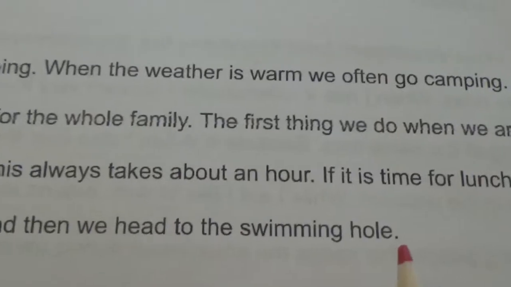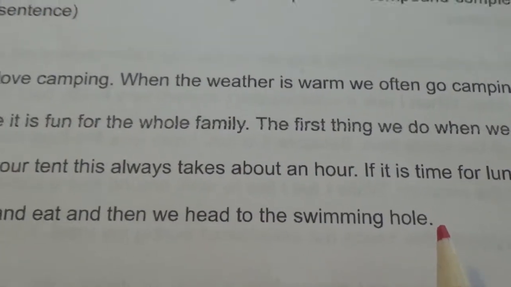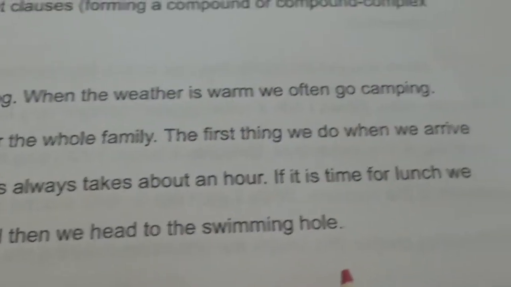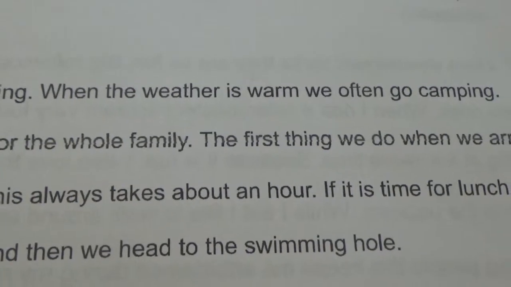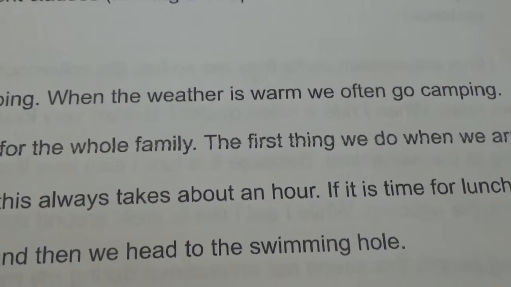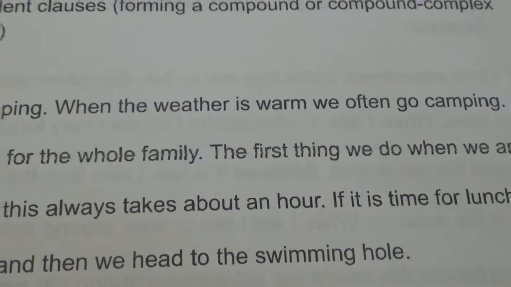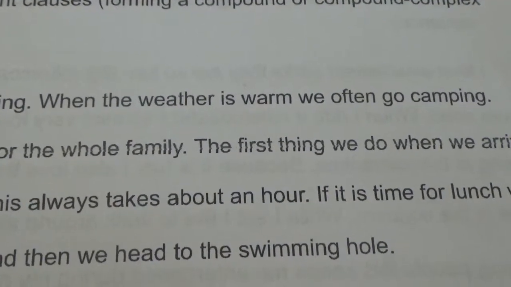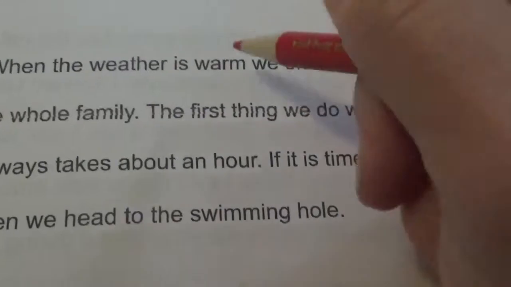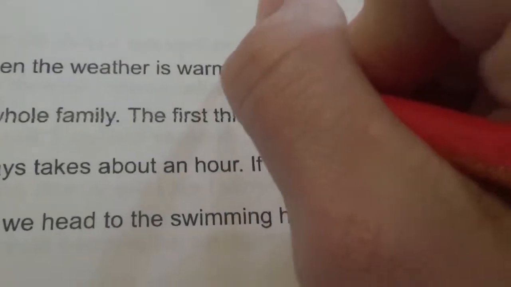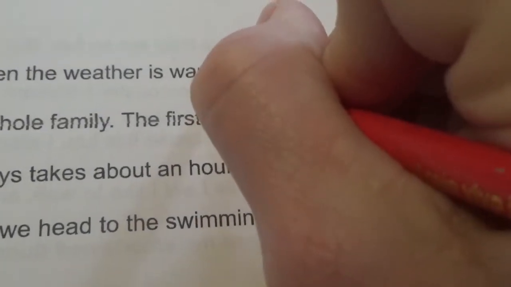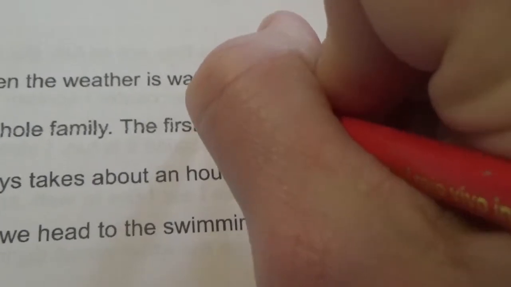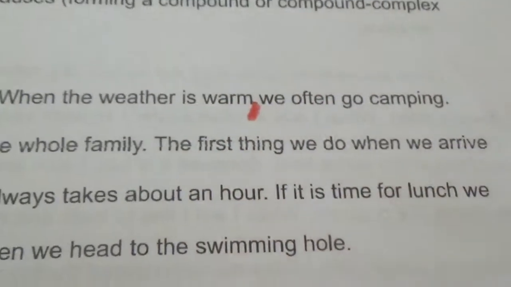When the weather is warm, we often go camping. All right, I see an error there. I want you to see if you can find the error in that sentence. There should be a comma somewhere. We need a comma after warm because when the weather is warm is a dependent clause, and we need a comma after an introductory dependent clause.